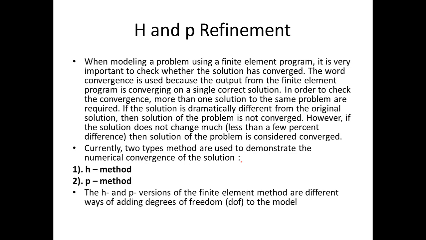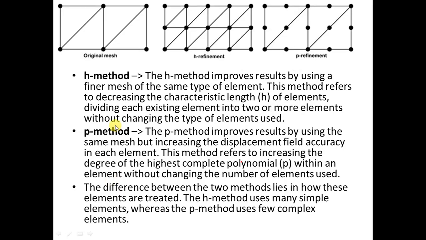So there are two types of refinement, H and P. Now what are H and P? The H method improves the result by using a finer mesh of the same type of element, right? Now you can see here, this is the original mesh. If you refine by using the H method, that means you are increasing the number of elements of that object, right? So that is nothing but the H method.